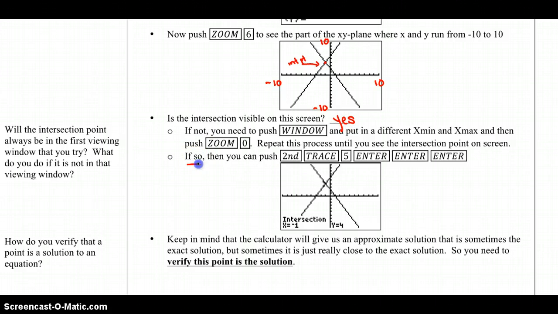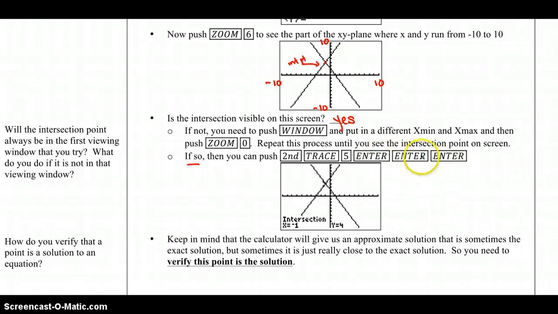So if so, we can then ask the calculator to find where that intersection point is approximately. So second, and then trace, and in that menu next to button 5 it says intersection. The calculator will then ask you a series of 3 questions about which is the first curve, the second curve, and a guess. Currently we only have the graphs of 2 equations on screen, and we don't really need to give it a guess for these simple linear functions.